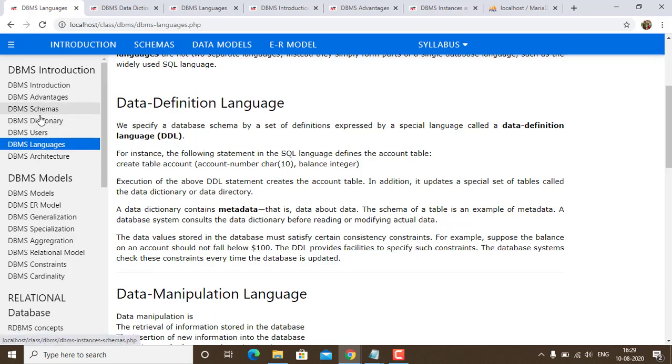In our previous chapters, we explained the data dictionary, its importance, and how it contains the metadata, that means the data about the data. The schema of a table is an example of metadata. A database system consults the data dictionary before reading or modifying the actual data.